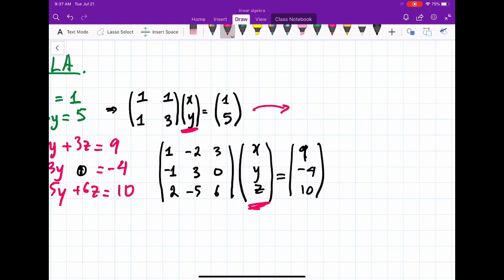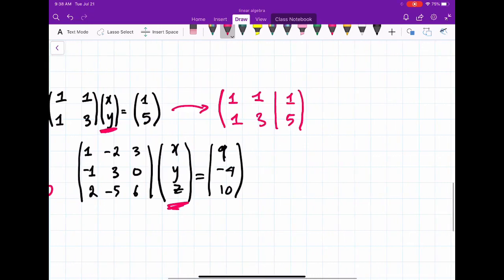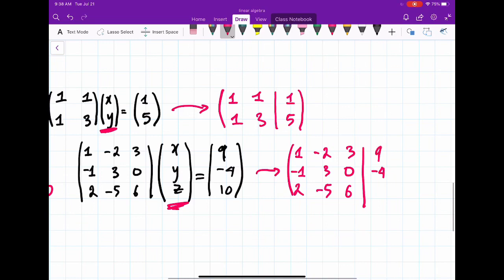I write 1, 1, 1, 3, and that is 1, 5. I just ignore x and y because we can denote them using other symbols. For the second one, I might write just 1, -2, 3, -1, 3, 0, 2, -5, 6. In here, I have 9, -4, and 10.